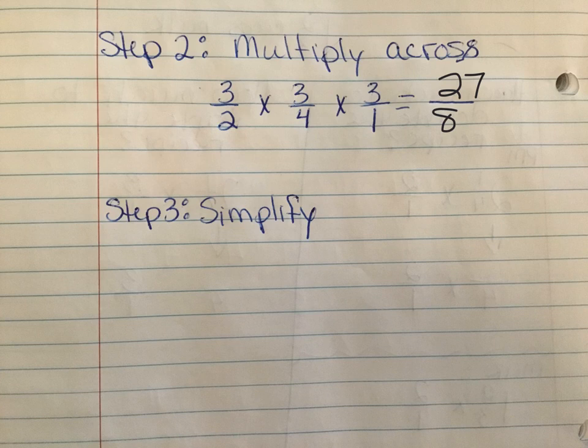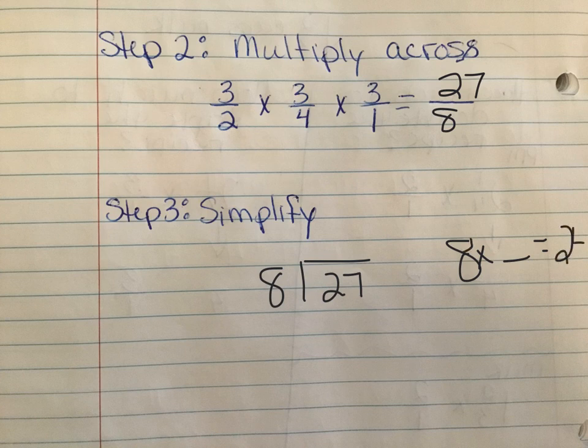We notice that in step 2, the top is way bigger than the bottom is. So it's going to go ahead and fall into the house, so we need to simplify. Our 27 goes here. Our 8 goes on the outside. We think, okay, 8 times what comes close to 27? Well, I know there's one where it comes up to 24.